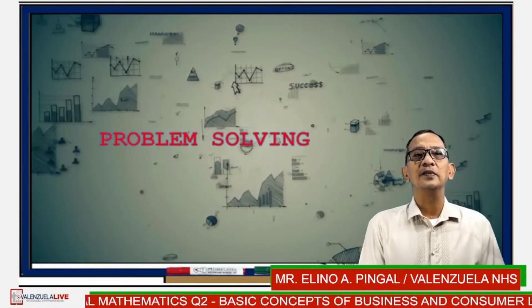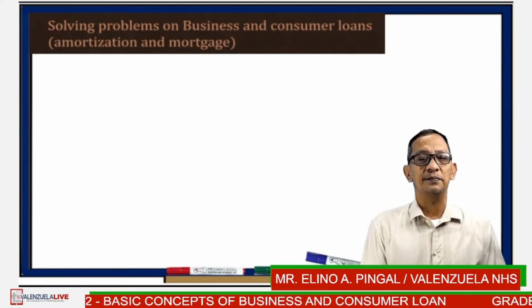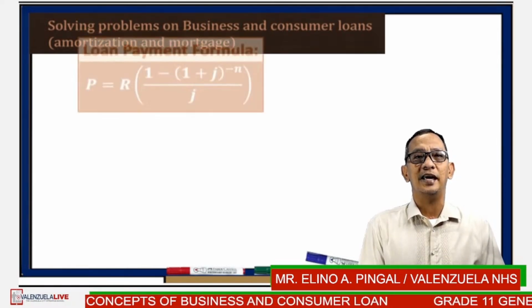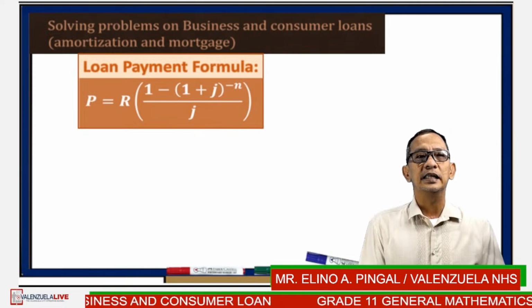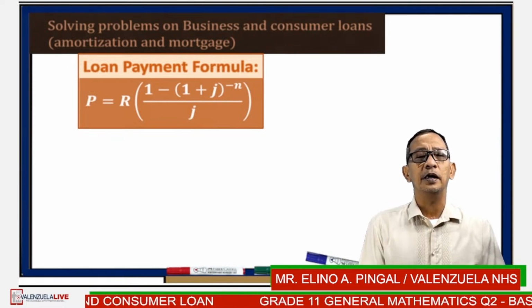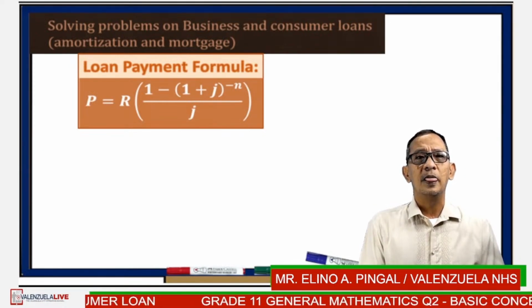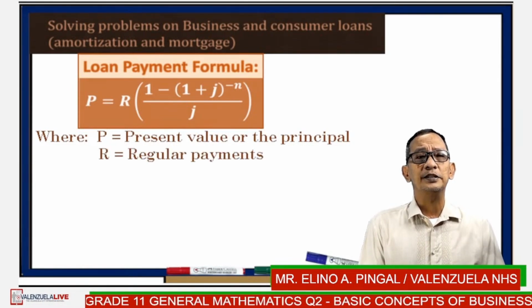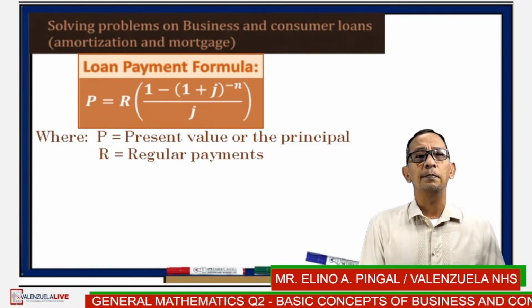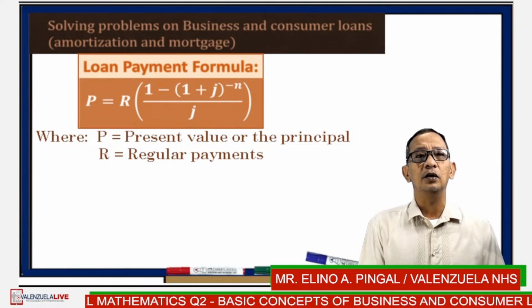Let's have some example problems to further understand the concept. Solving problems on business and consumer loans, both amortization and mortgage. The loan payment formula, and this is the important formula to be used for problem solving. P is equal to R times the quantity 1 minus the quantity 1 plus j raised to negative n, all over j.